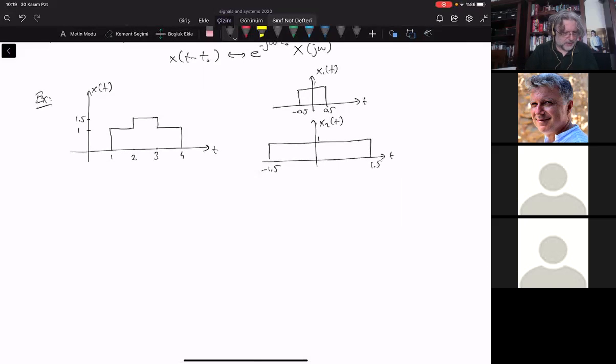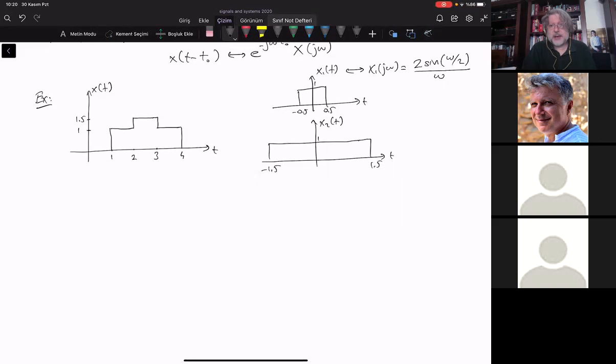So what we have is x1 of j omega, which is equal to, I'm just cheating from the table here because you will also be enabled with the tables. So you will be able to look at the table to know what the Fourier transform of this one is.